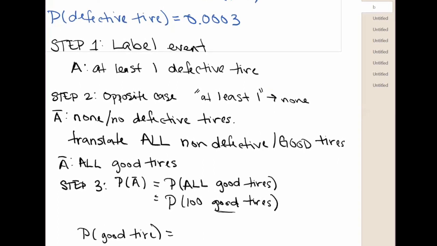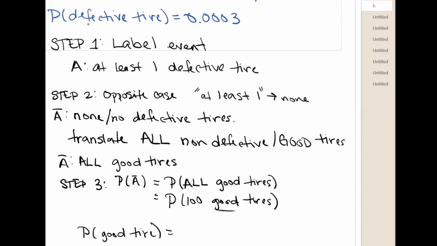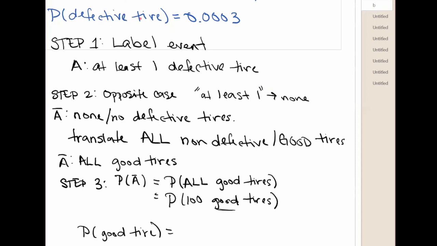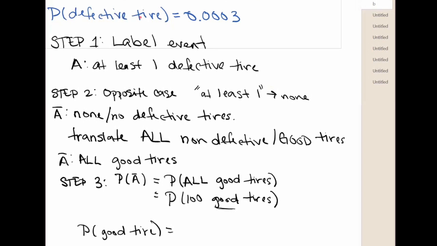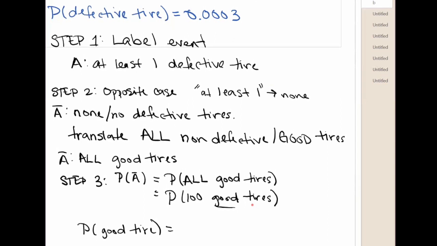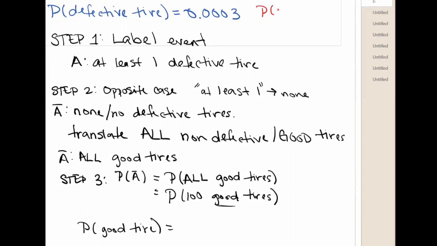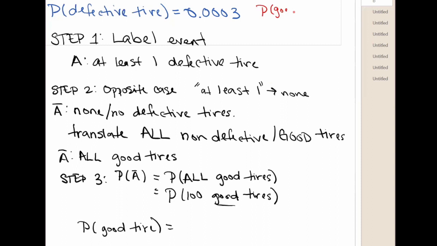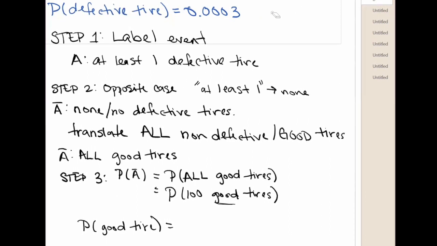So for this one, I'm going to denote this here in red. We were told from the problem a defective tire, but when I did the complement for this problem, I need to find the good tires. So if I need to find the probability of getting a good tire, I'm going to put it down here.